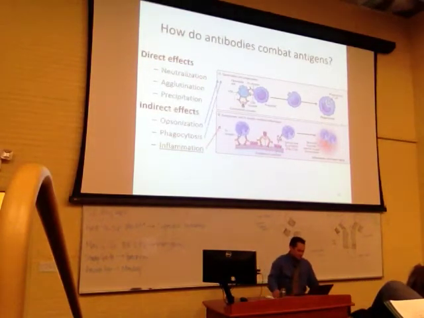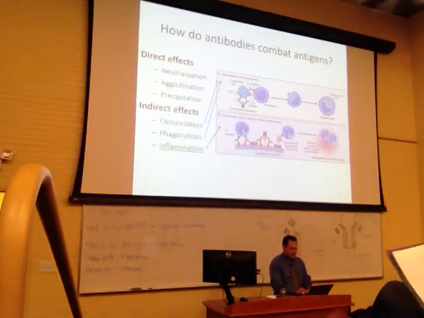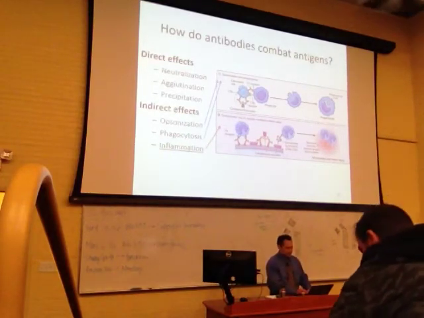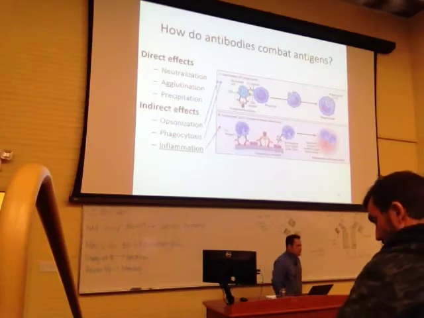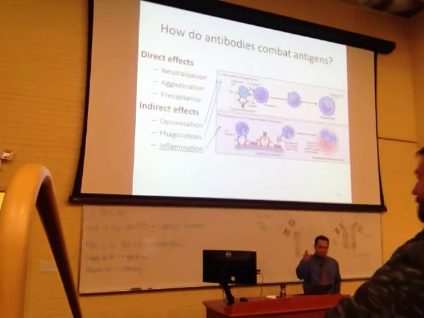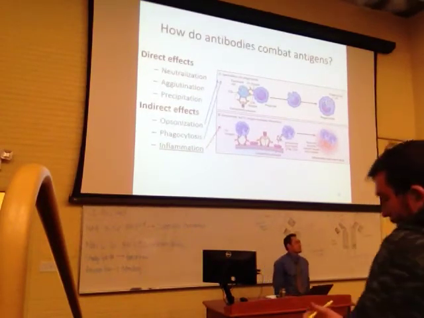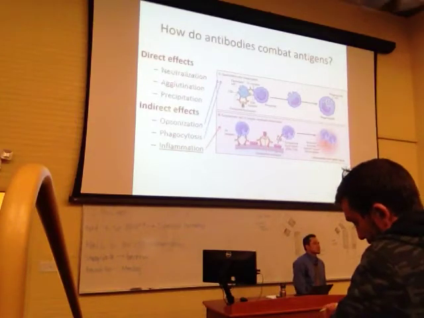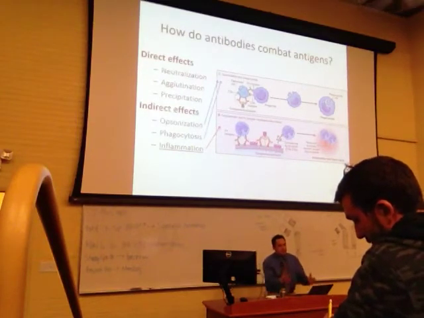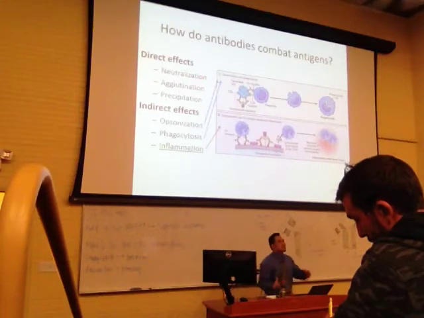Opsonization is a term where an antibody binds to a pathogen, and then that pathogen is marked. It's marked for ingestion and destruction. And very similarly, phagocytosis is the process of engulfing and digesting.